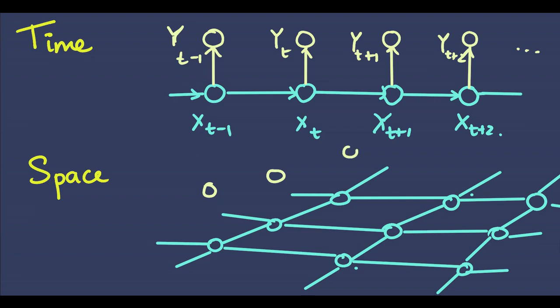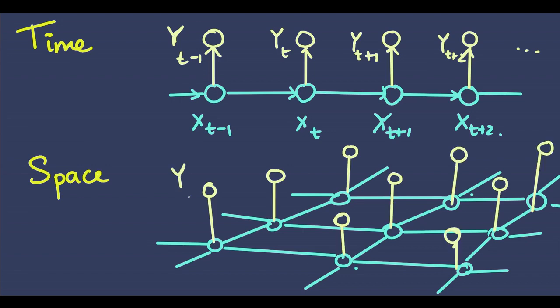And it's the observations that give us the information to learn about those sites. So again, we have our Y's, but this time each Y_i is attached to a site X_i, and that depends on its neighbors.